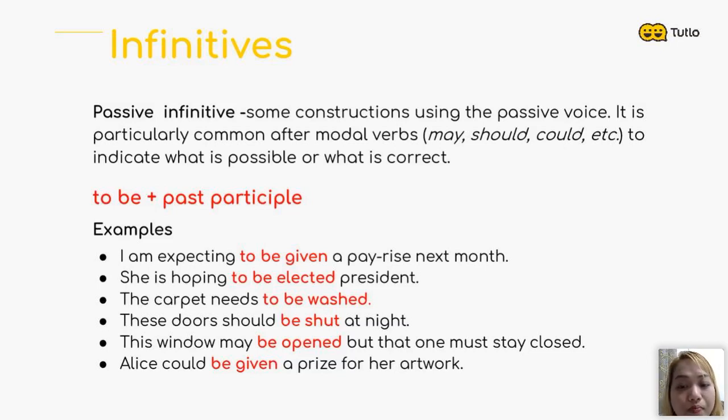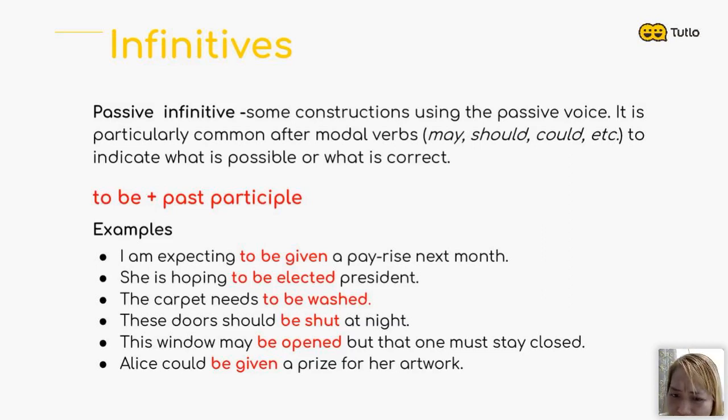She is hoping to be elected president. The carpet needs to be washed. These doors should be shut at night. These windows may be opened, but that one must stay closed. Alice could be given a prize for her work.